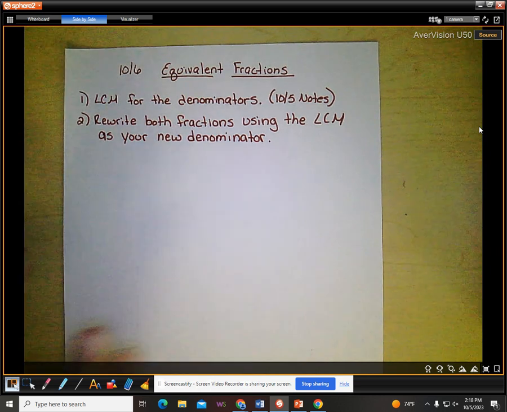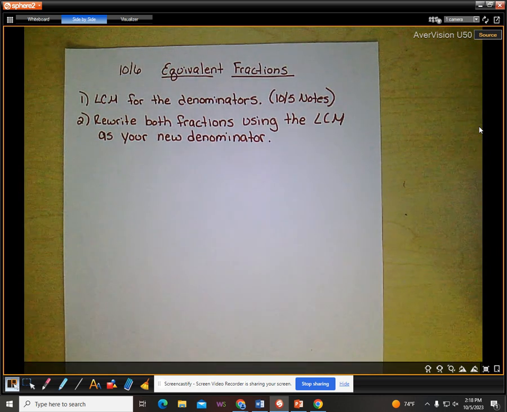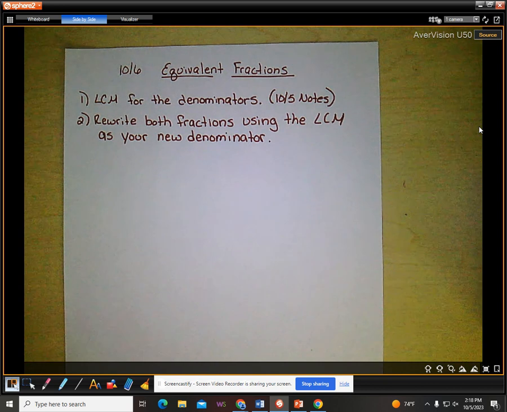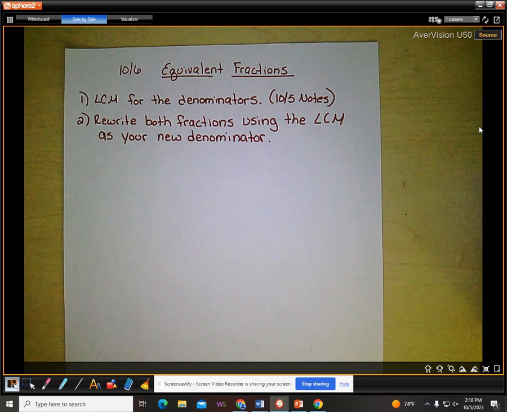So you'll first have to find the LCM for the two fractions, and then you will rewrite the fractions using the LCM as your denominator.